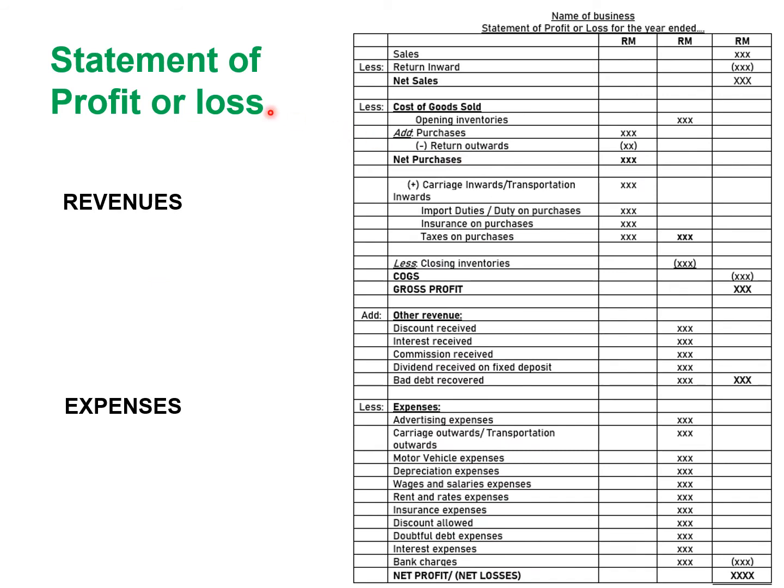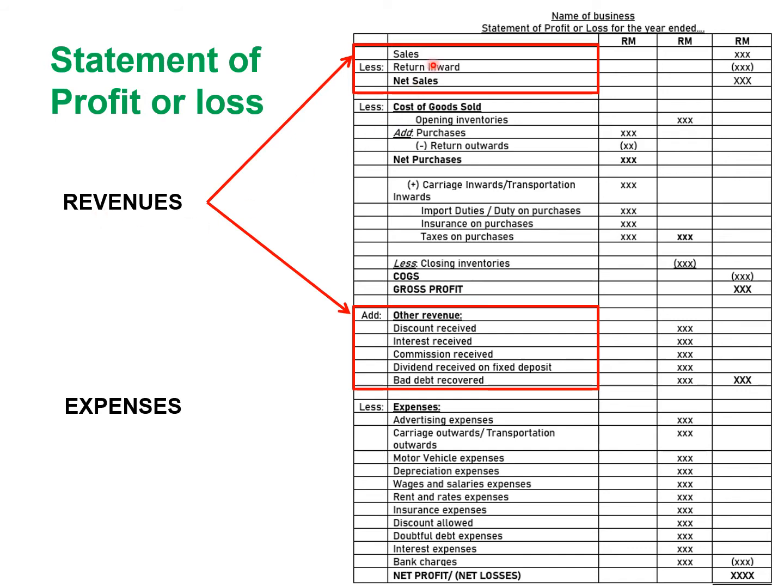Okay, the next one, since kita dah tahu dalam expanded accounting equation ada the element of owner's equity yang ada capital tambah profit, right? So, profit equal to revenue tolak expenses. So, this is the statement of profit or loss yang mana dalam statement ni dia akan ambil semua hasil which is revenue.